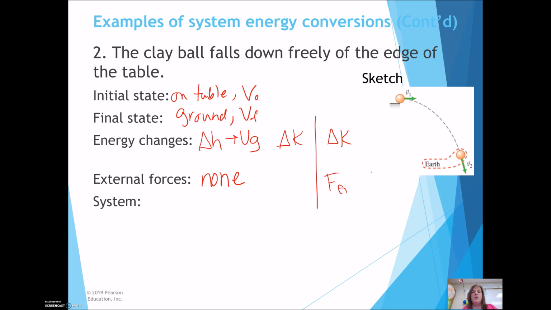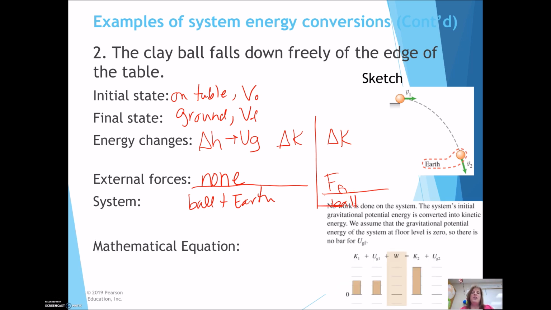Here my system is the ball plus the Earth, and that's what I would choose because I like to deal with mgh rather than work, which is force times distance. In the other case, the system would just be the ball.